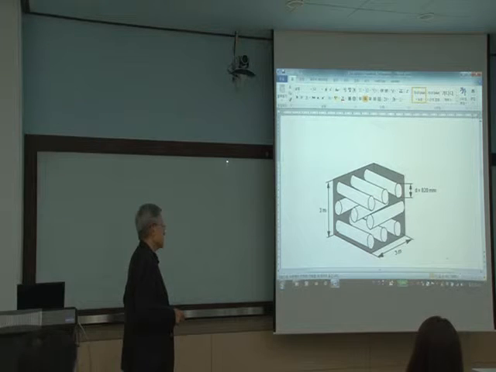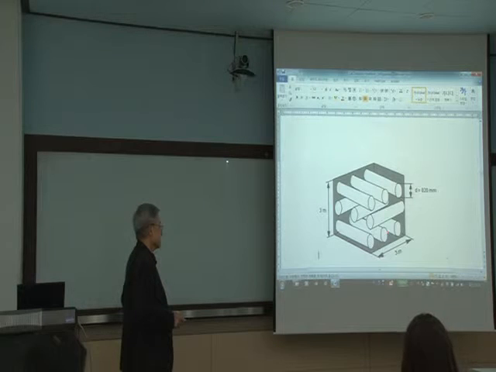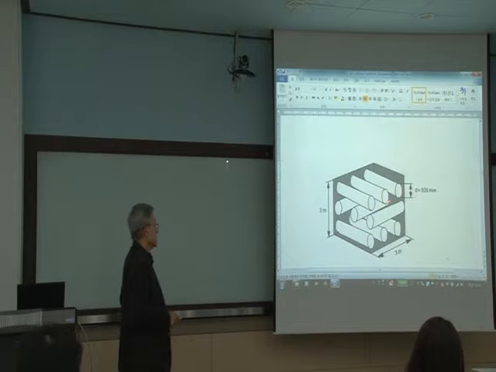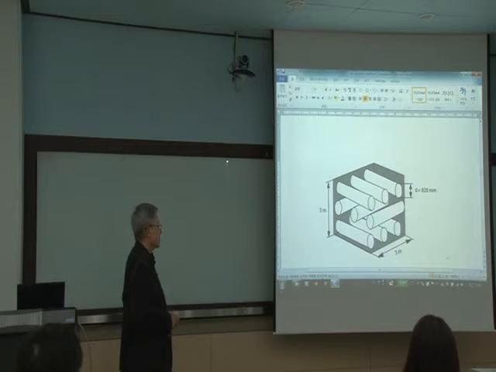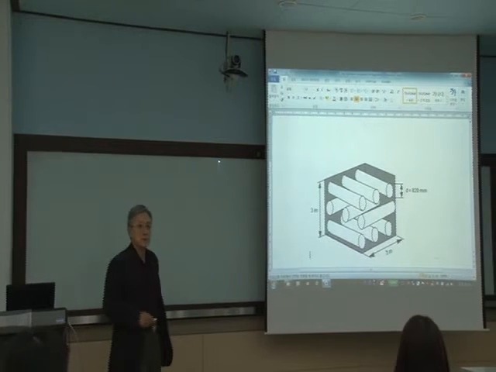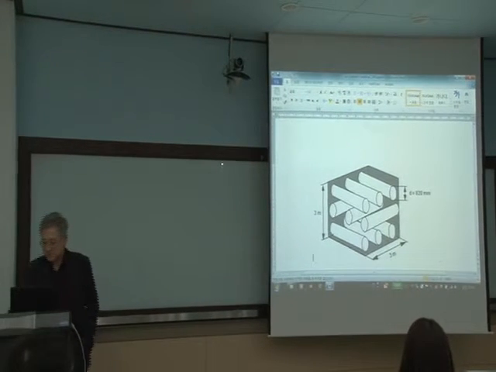But anyway, this is what the obstacles are. This is a so-called 3x3 obstacle, a 3 meter by 3 meter by 3 meter cube. And the obstacle diameter is 0.82 meter.